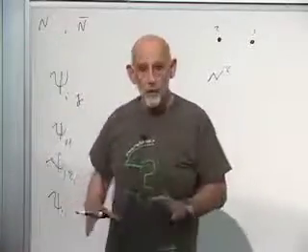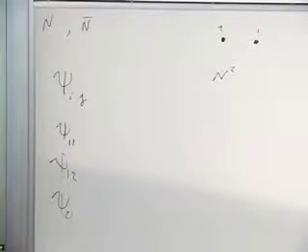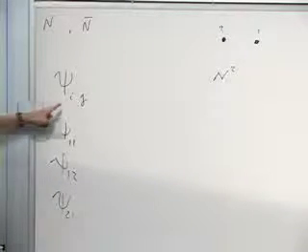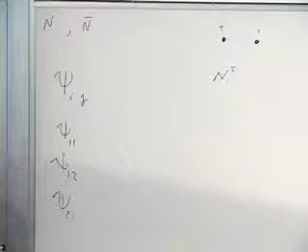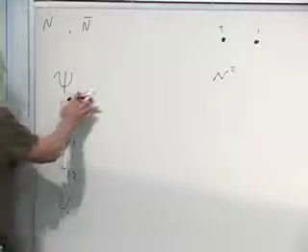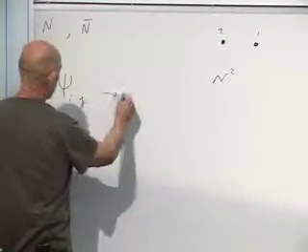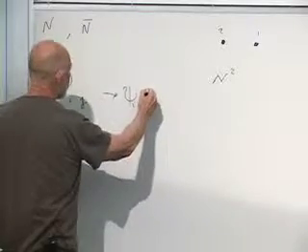How do you transform these things? You transform them by thinking of the i index and the j index separately rotating under the group. In fact, an even simpler way to think about it is to think of this as a product, psi i, let's call it phi j.